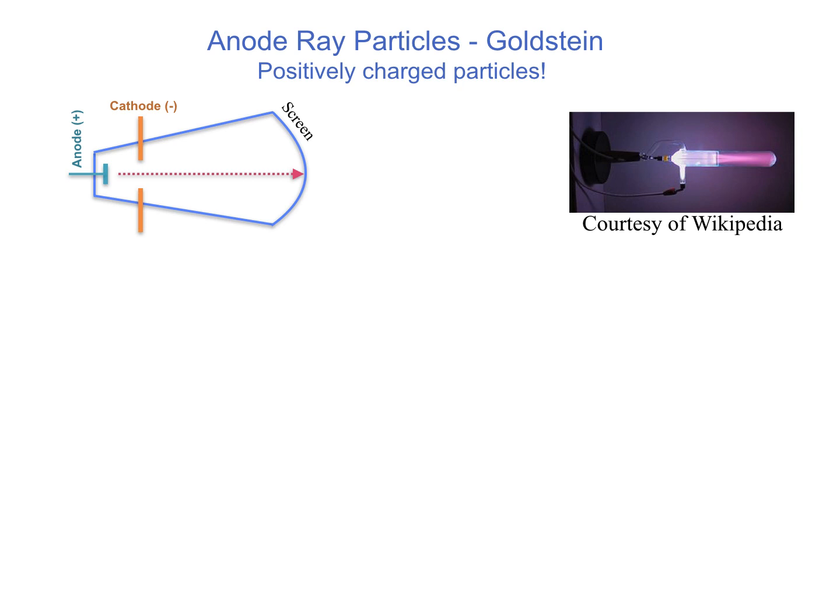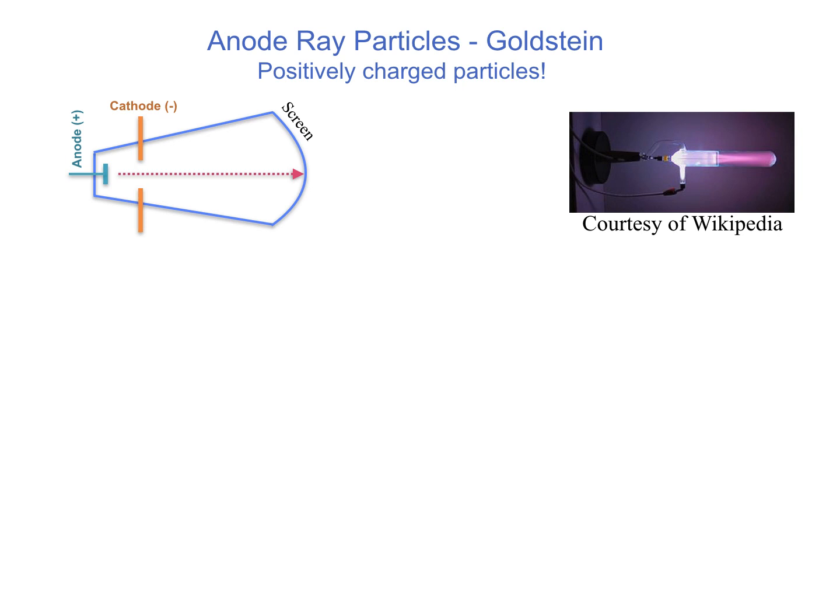They travel in straight lines because they are particles accelerated by the force due to the electric field. And so they cast shadows just like the cathode rays did. And so these are again investigated by applying electric and magnetic fields.